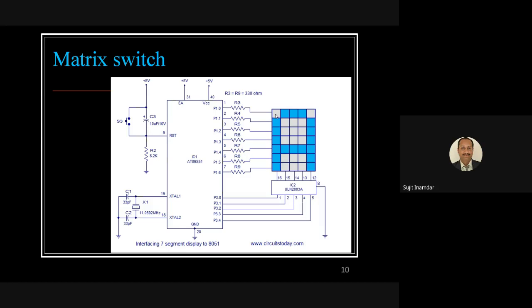And whatever is shown in blue color, so they have written the code to display the alphabet A on that matrix. So that's why this particular part has been made blue.